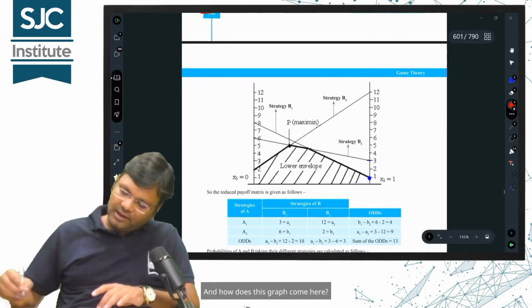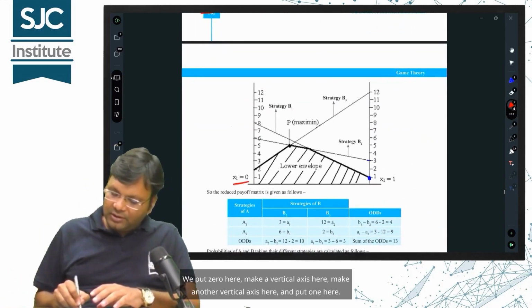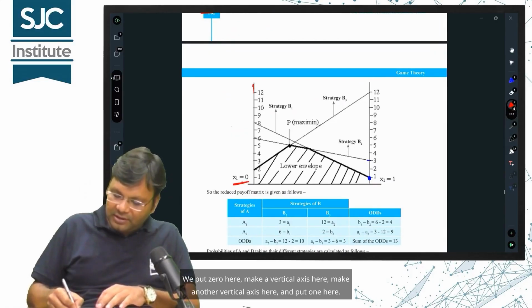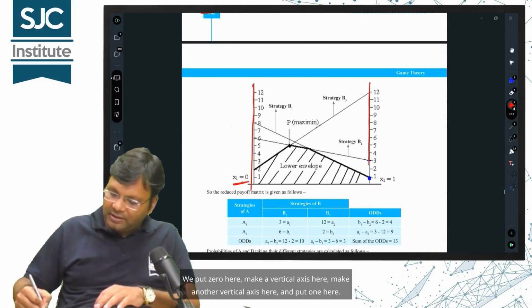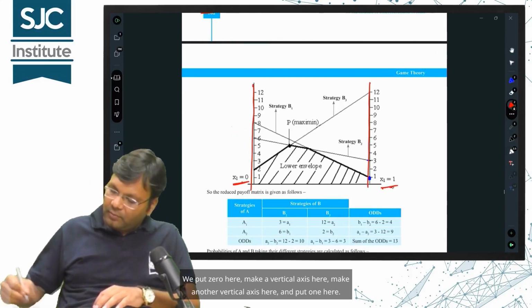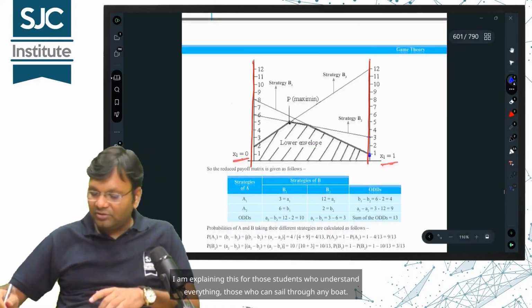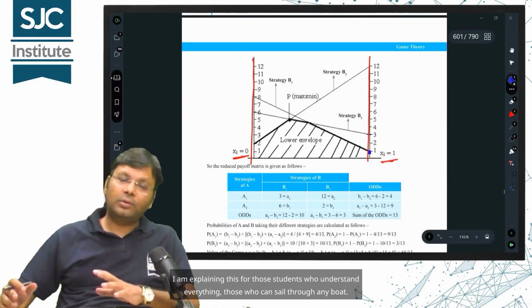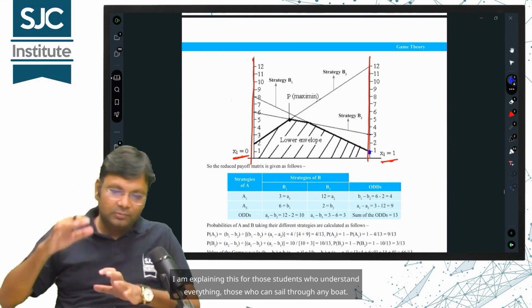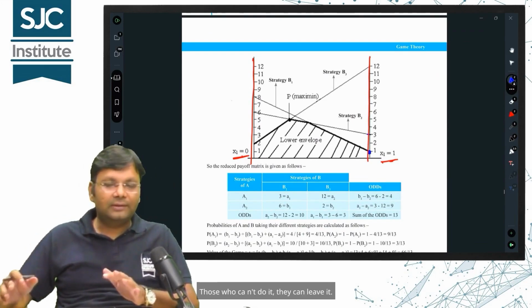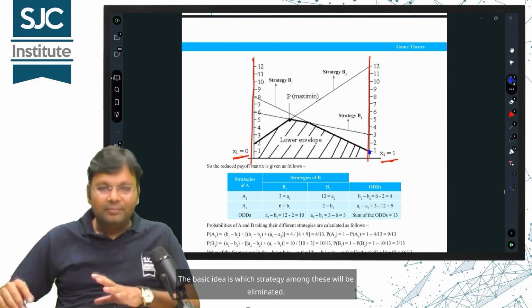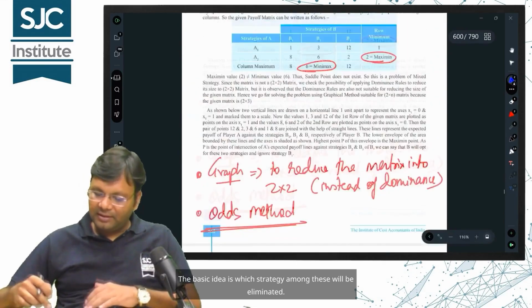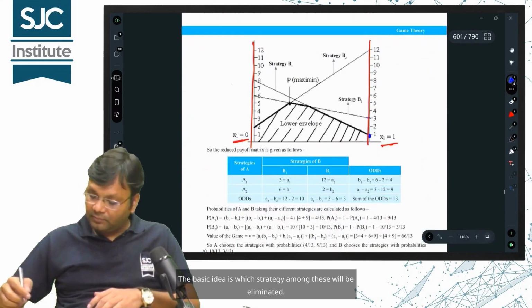And how does this graph come here? We put 0 here, make a vertical axis here, make another vertical axis here, and put 1 here. I am explaining this for those students who understand everything. Those who can't do it can leave it. The basic idea is which strategy among these will be eliminated.